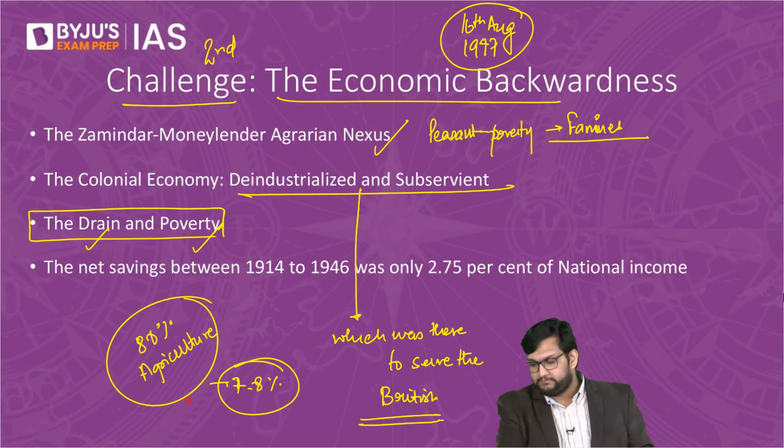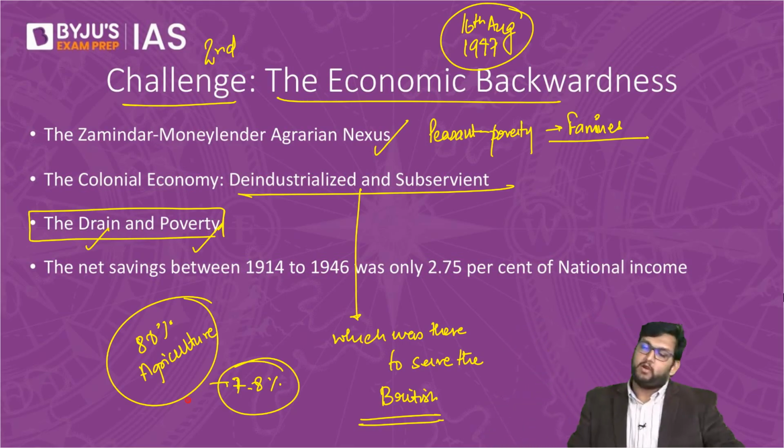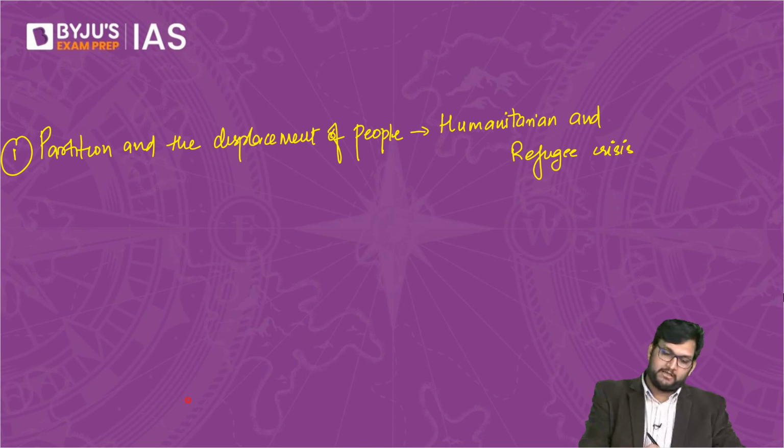Only 7 to 8%. This economic crisis had taken a toll. So if it was not for administrative and humanitarian issues, we also have in this whole concept an economic crisis.